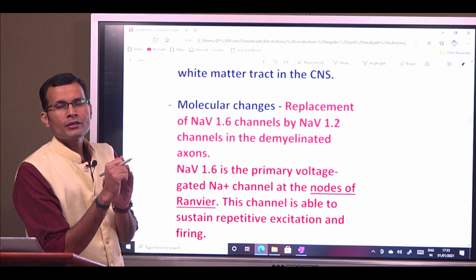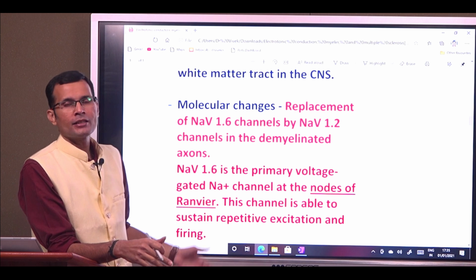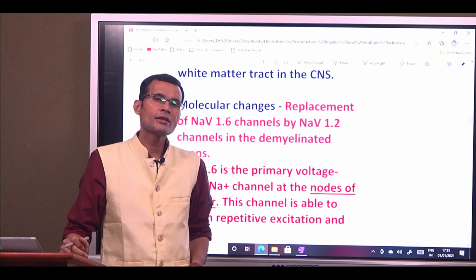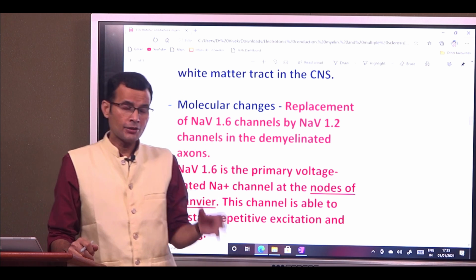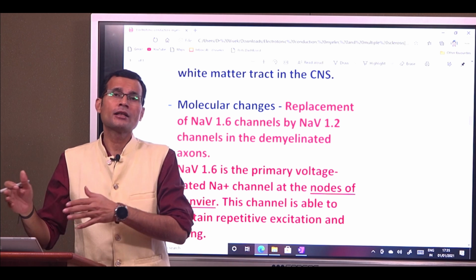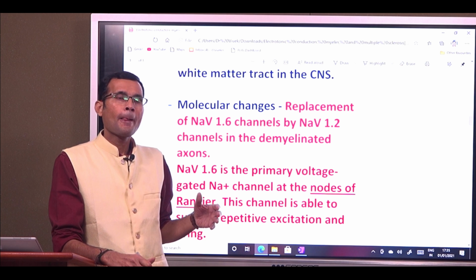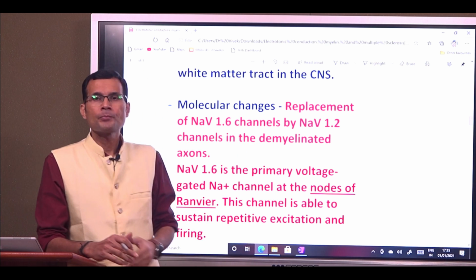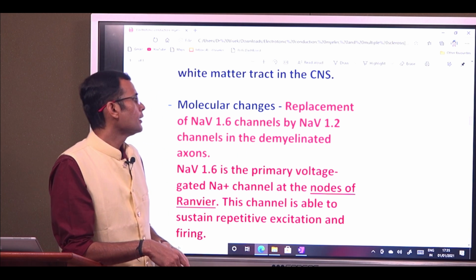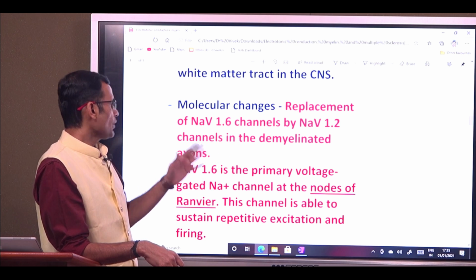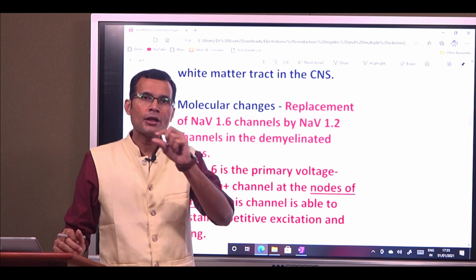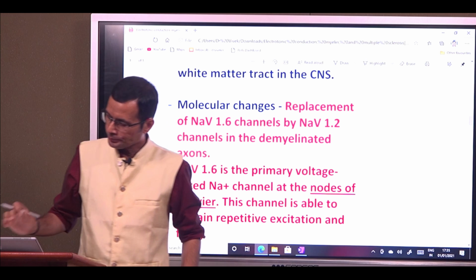Replacement of the NaV 1.6 channels. We saw these channels just now, the voltage gated sodium channels. They are responsible for depolarization. Now, these get replaced in many cases by NaV 1.2 channels in those demyelinated axons.